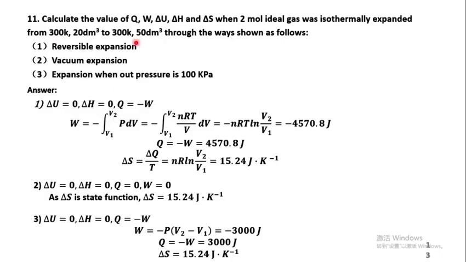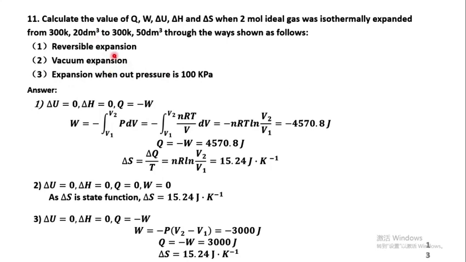Okay, the 11th question is also a calculation for a given initial state and final state for a perfect gas in different processes. This question is just like the first question.